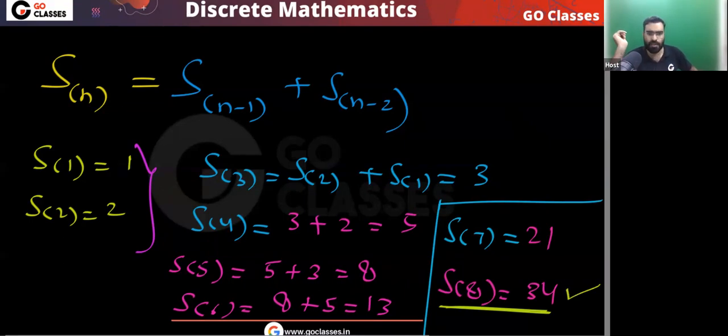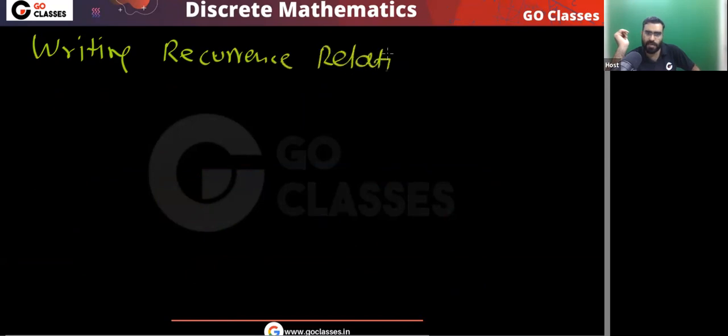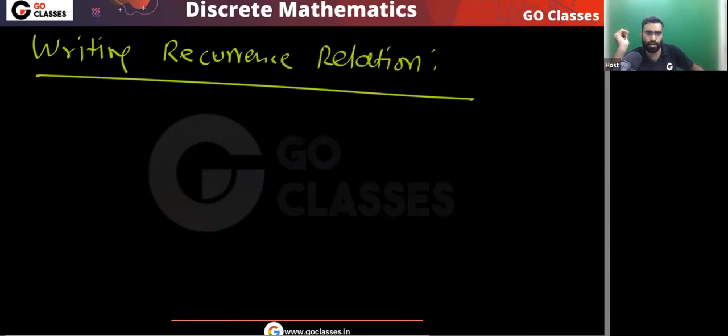Now, let me tell you one thing. I told you two methods for writing a recurrence relation. Whenever you are writing a recurrence relation, either you can use method number 1 or method number 2.